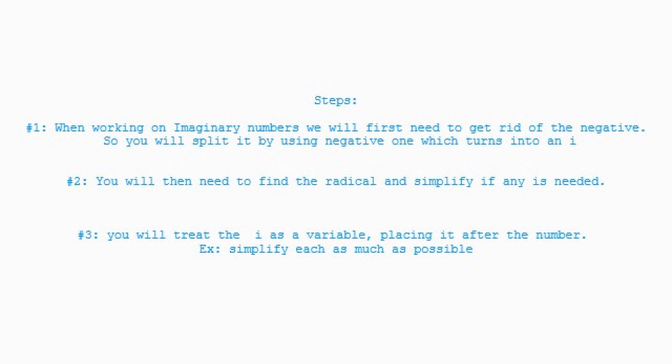The second would be to simplify the radical as much as you can. And the third step is putting it all together, placing the i in the proper place, which is after the number, because you will treat the i as a variable.